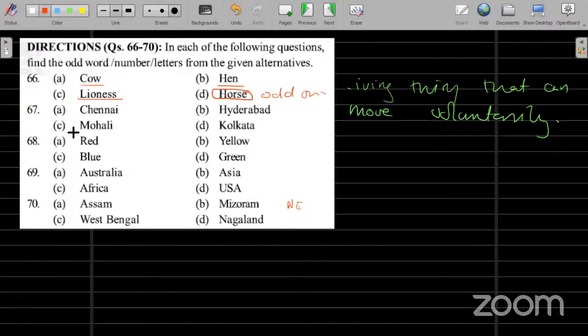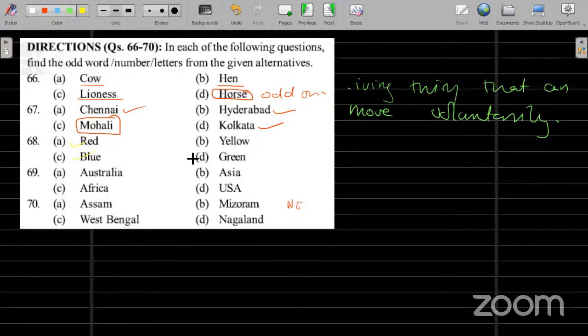Then Chennai, Hyderabad, Mohali and Kolkata. Here Chennai is a capital city, Hyderabad is a capital, Kolkata is the capital of a state, whereas Mohali is not. Next one, red, yellow, blue, green.